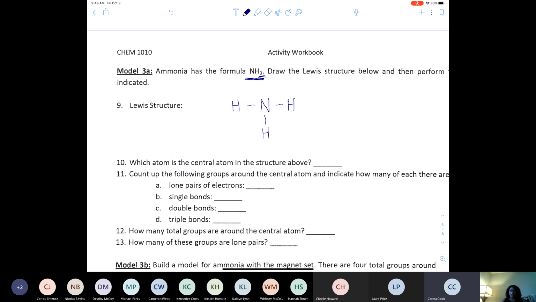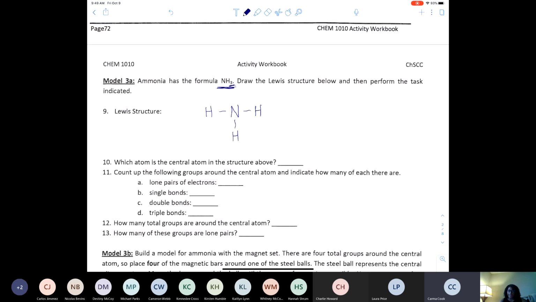Following step 2, we do our valence electron count. There's 1 nitrogen in the formula, and nitrogen is in group 5. There are 3 hydrogens in the formula, each in group 1. So ammonia has a total valence electron count of 8.